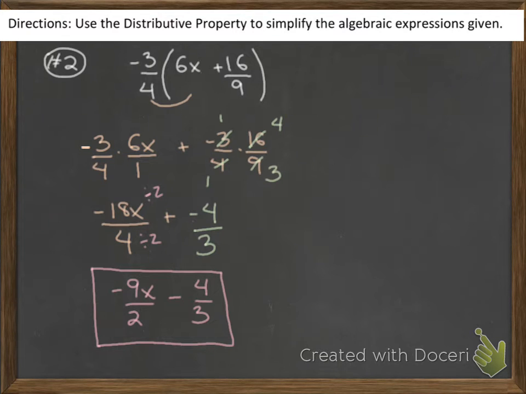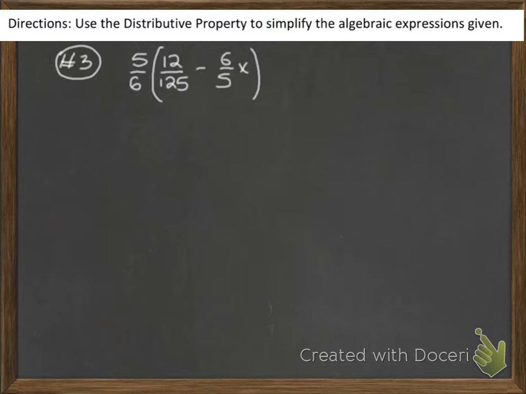Let's do another example. This problem says 5/6 times the quantity 12 over 125 minus 6 over 5x. So again, everything needs to be multiplied by 5/6. 5/6 times 12 over 125. And then here you have a choice. You can write minus 5/6 times 6/5 x.